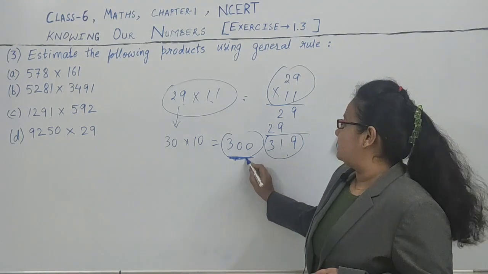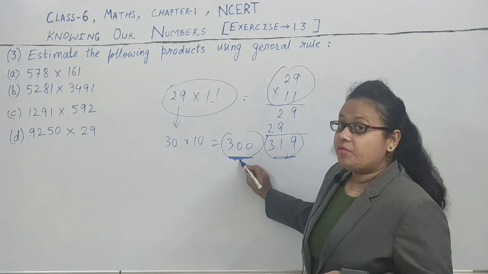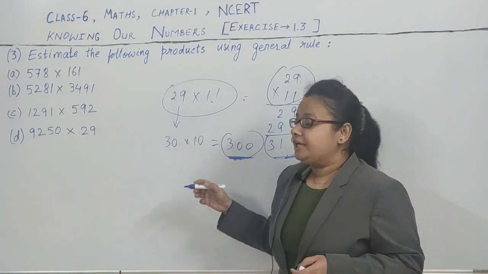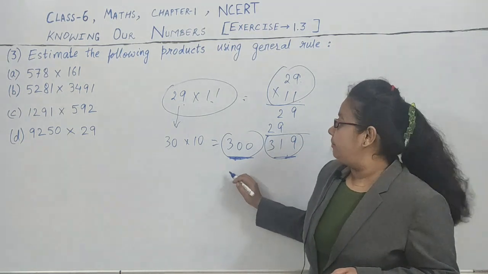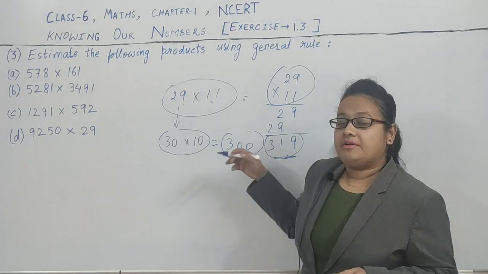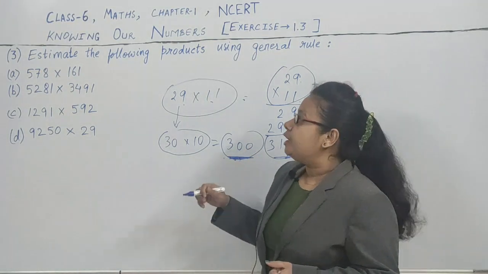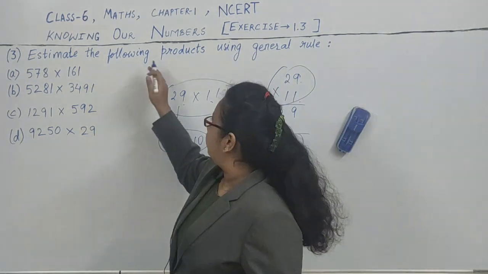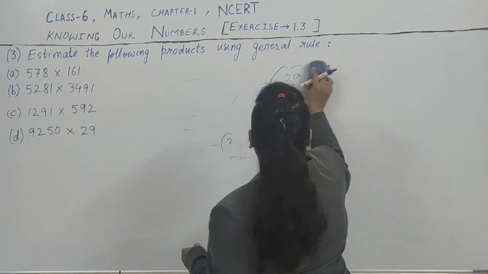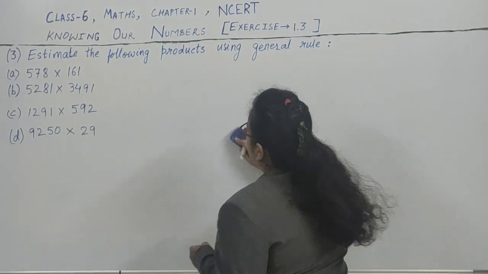So 319 is close to 300. This took very little time, and in a very small time we came to know that the answer will be around 300. So we do estimation and we have to estimate the product here.